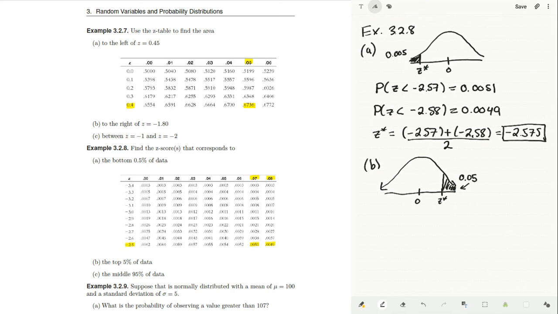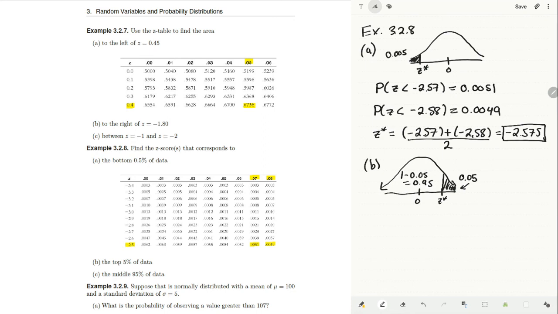So how can we determine the z-score, keeping in mind that the z-table gives us areas to the left of z-scores? Well, we can use the complement rule to determine the area to the left of z star. So the area to the left of z star is 1 minus 0.05, which is 0.95.